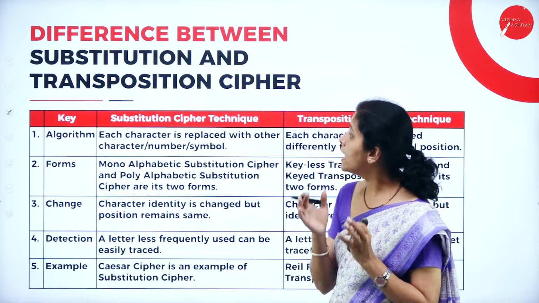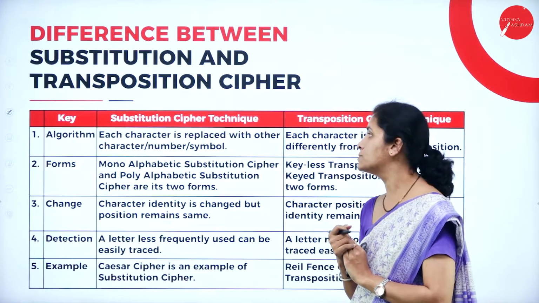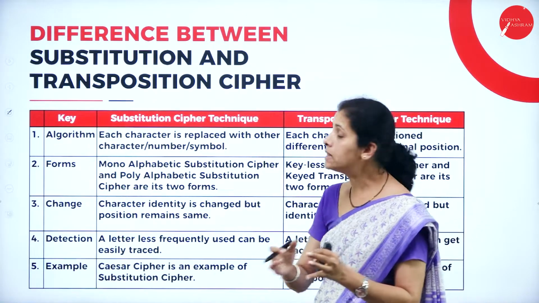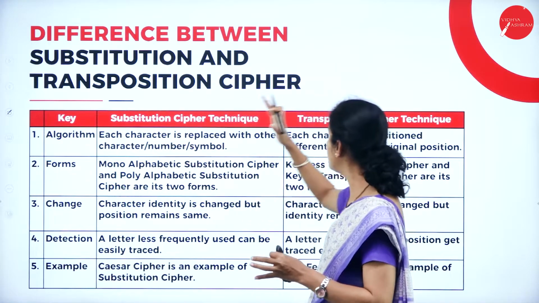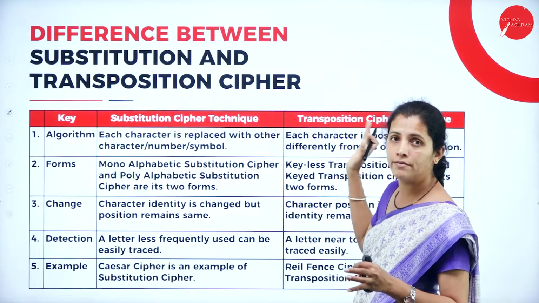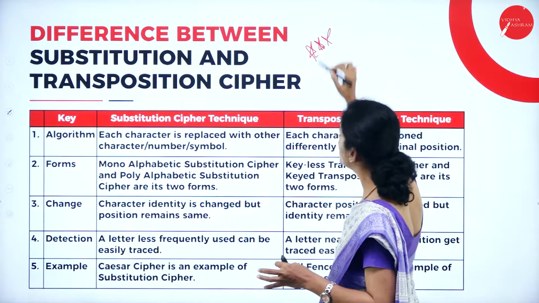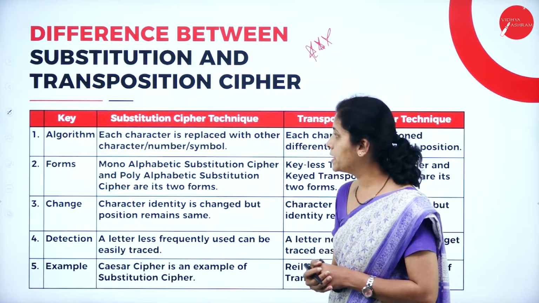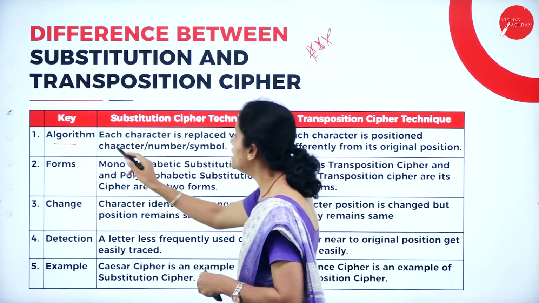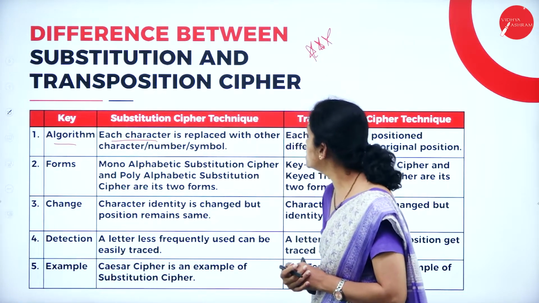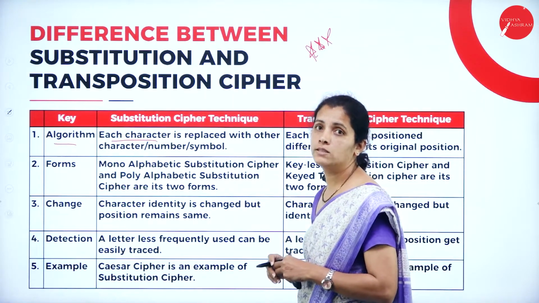So, dear student, now I'm going to discuss the differences between the substitution cipher and the transposition cipher. From the examination point of view, this is also a very, very important topic. Now, what is my key point? That is the algorithm. In substitution, each character is replaced with a character, a number, or a symbol.